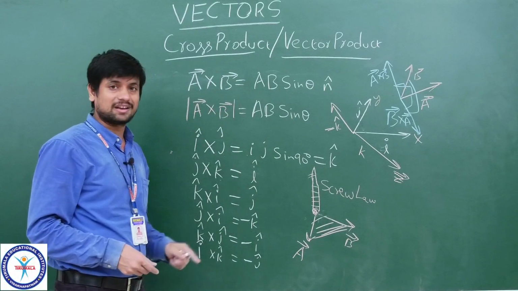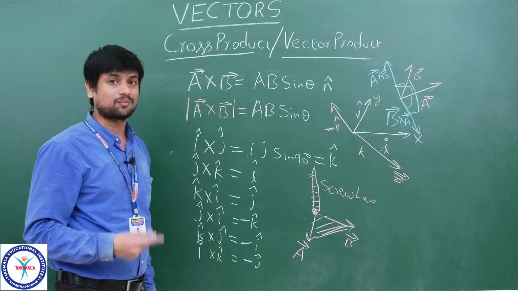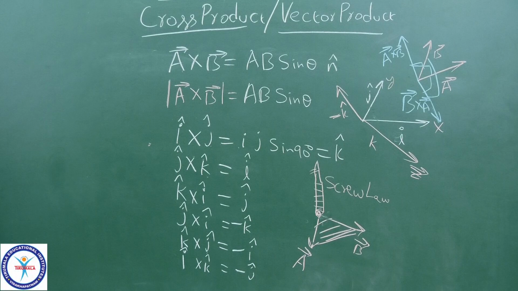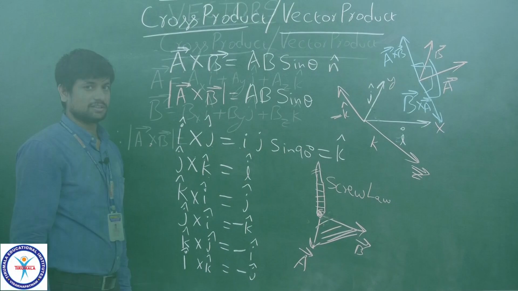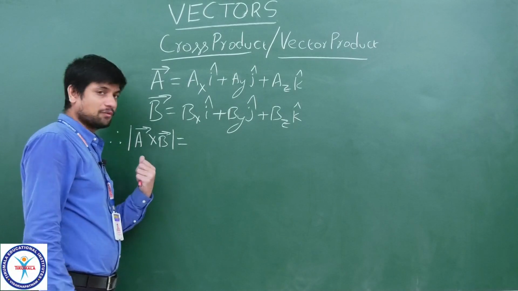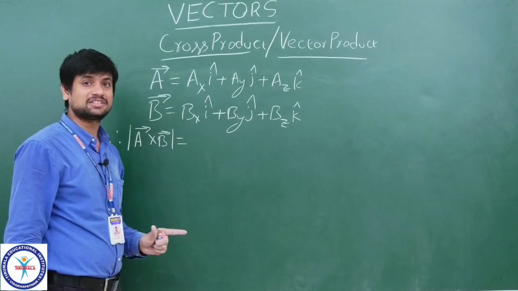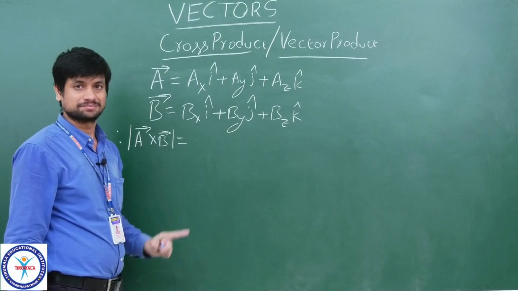So how do you calculate the magnitude of the cross product whenever two vectors have been given? See children, now I want the cross product's magnitude whenever those are represented algebraically in this way.